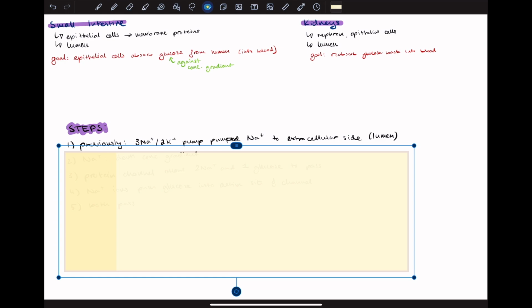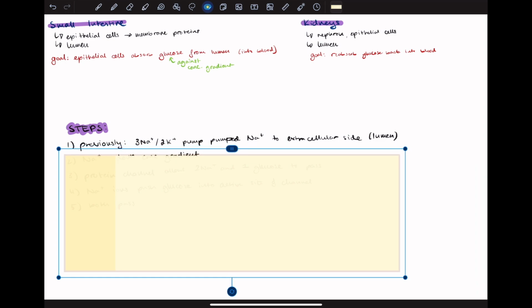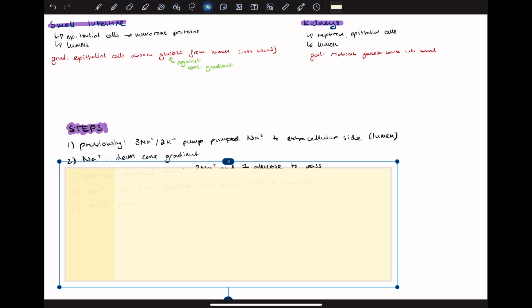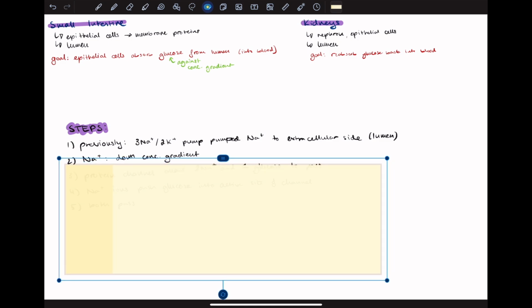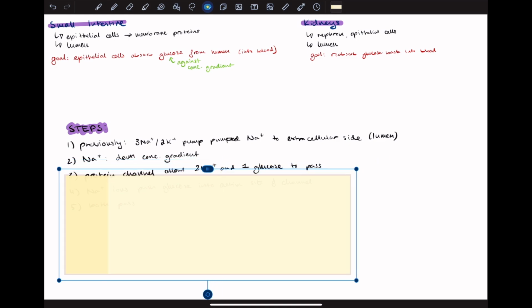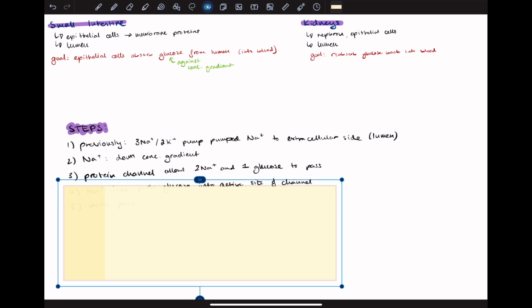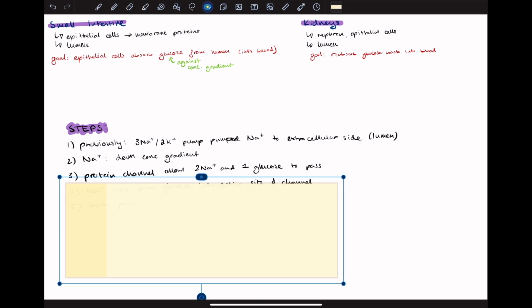Now, if we pumped all of the sodium out of our cells, what will we want to do? Well, sodium will want to go down the concentration gradient, so it will want to travel back into our cells. Now, in these epithelial cells, there are protein channels that allow for 2 sodium ions and 1 glucose to pass at the same time.